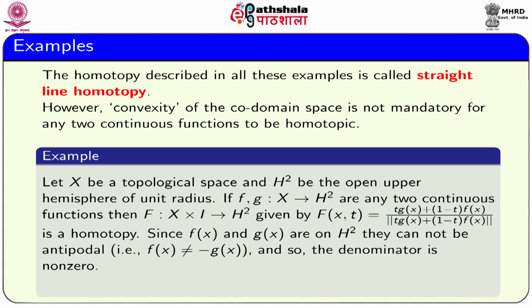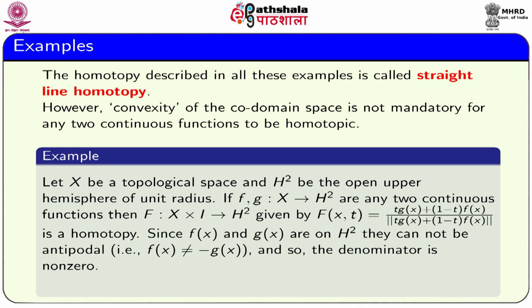If we put t equal to 0, we get the function f back. If we put t equal to 1, we get the function g back. Now, of course, we have to verify that f(x) and g(x) can never be antipodal points, so that the denominator is not vanishing.